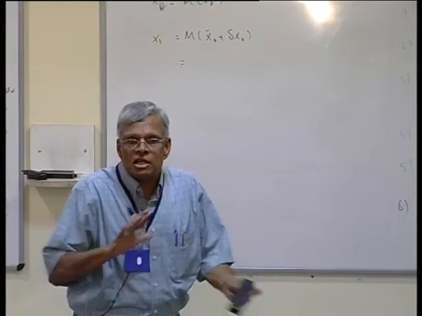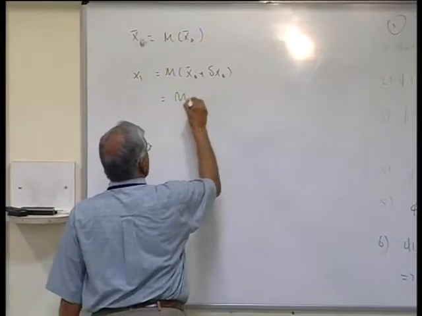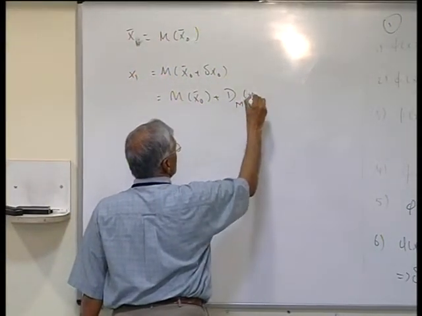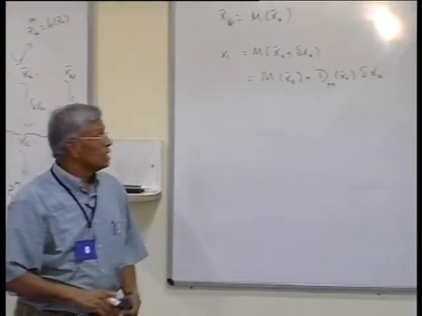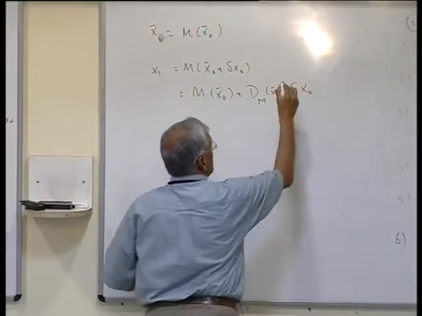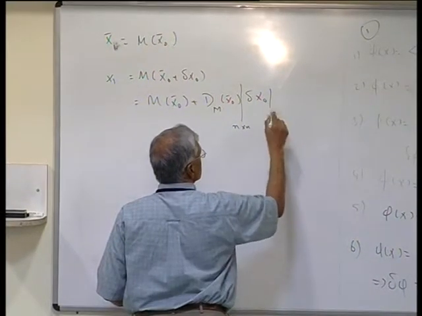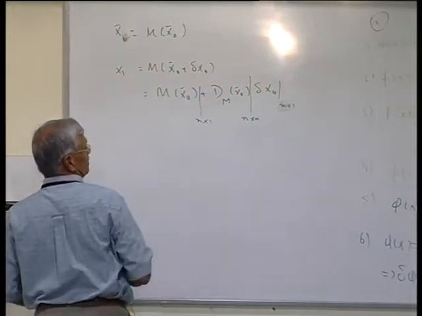I'm going to be content with a first order Taylor series. That tells you m of x naught bar plus dm at x naught bar times delta x naught. This is the Jacobian of the model map. This is an n by n matrix, and this is an n vector, that's an n vector.